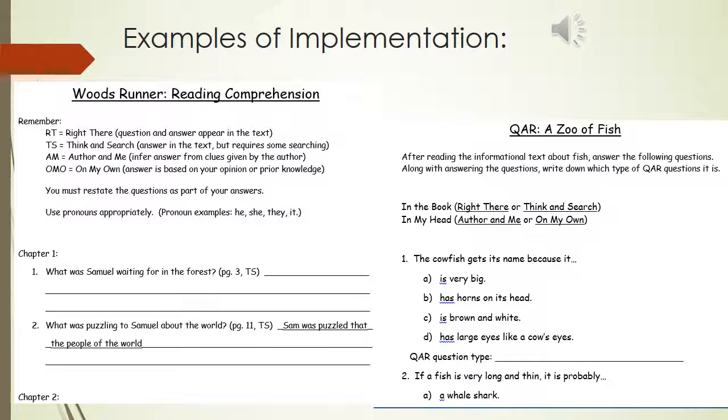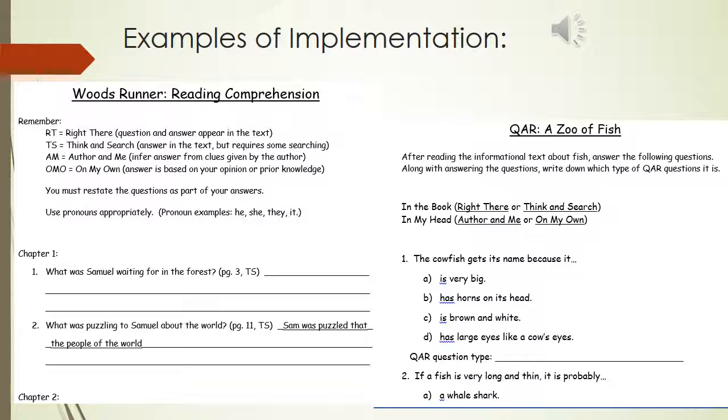I have been implementing the reading comprehension strategy of QAR in my general education language arts 5th grade classroom for a couple years now. I have 2 examples on this slide of how I have implemented QAR. On the left side is a little part of a reading comprehension packet for the historical fiction novel Woods Runner.